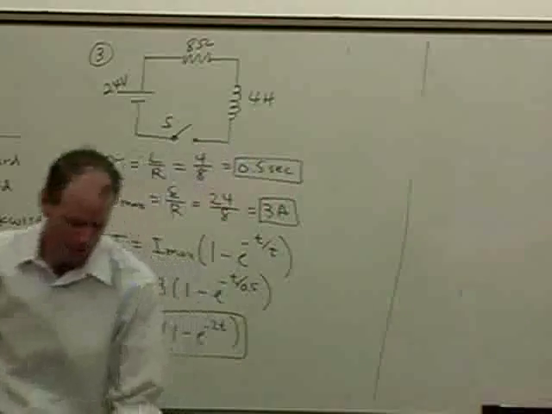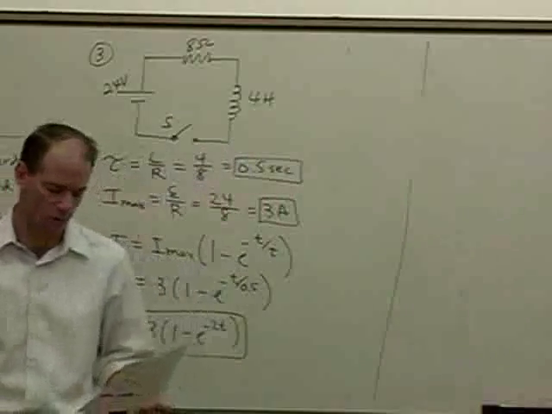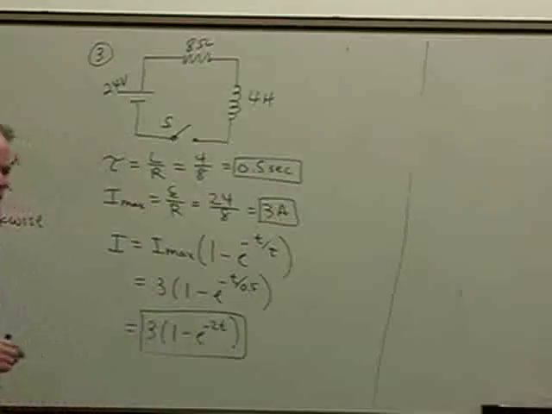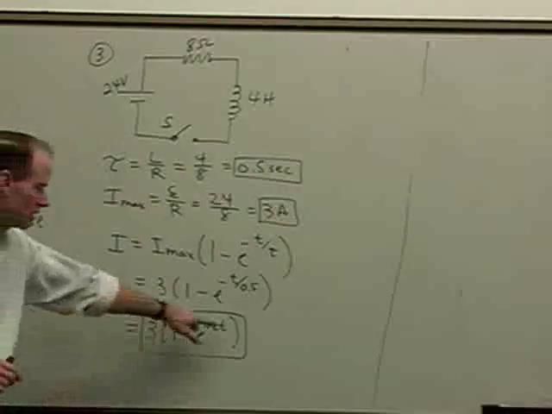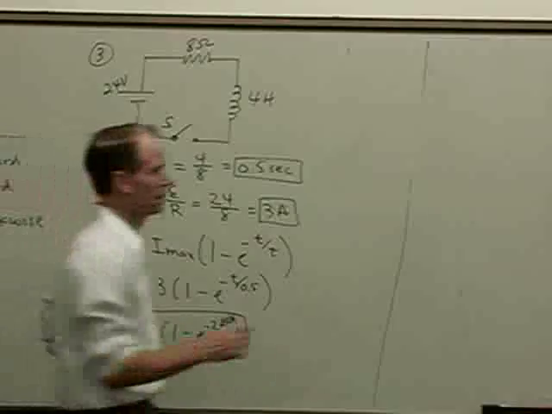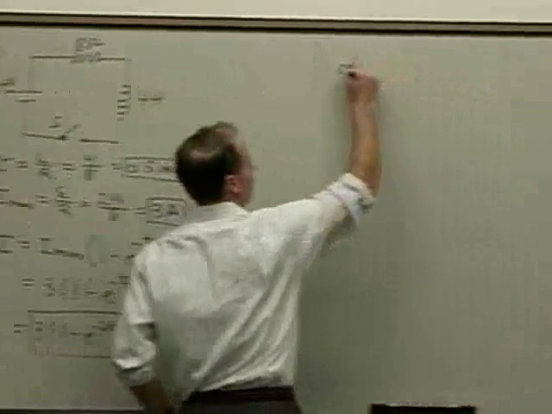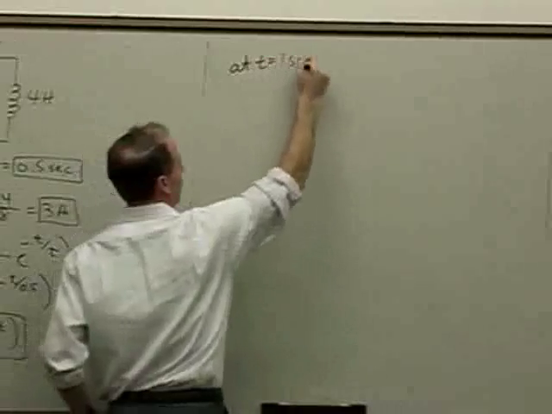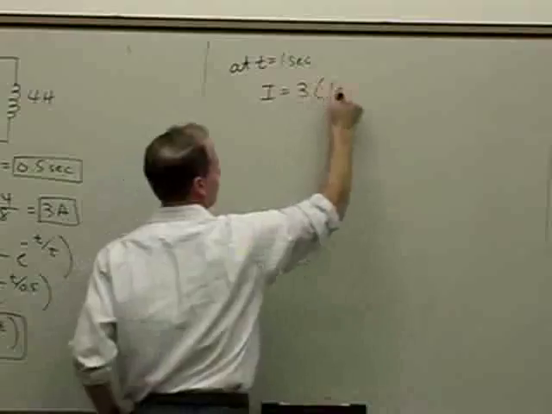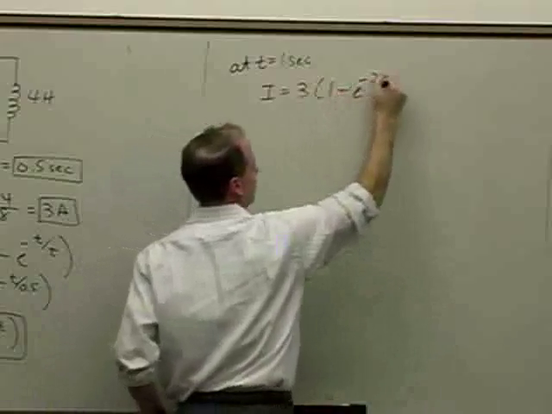The question was, what is the current 1 second after we close the switch? So if we want to find it at a particular time, where t is equal to 1 second, then we'll just plug in 1 second there and see what it is. At t equal to 1 second, current is equal to 3 times 1 minus e to the negative 2 times 1.